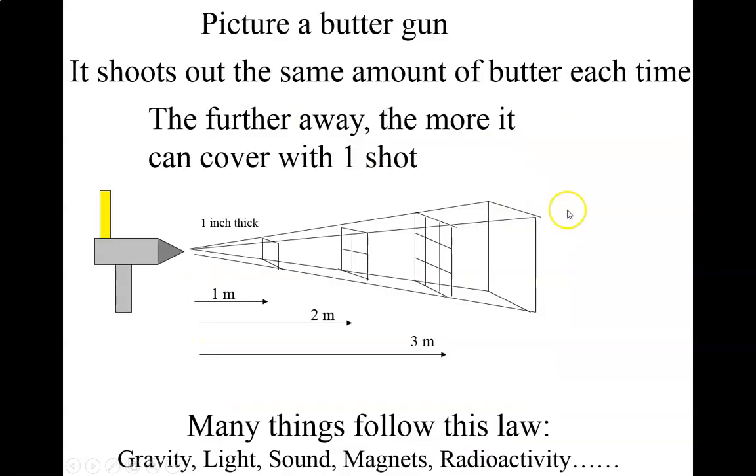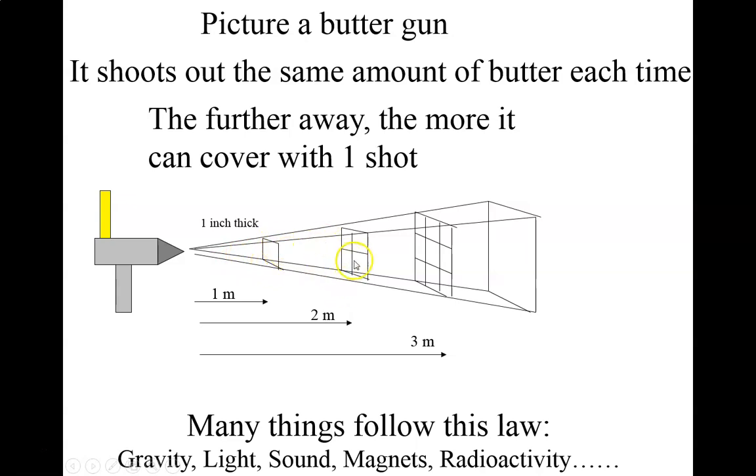The old version of the book had this butter gun idea, and this butter gun obeys the inverse square law. When it sprays out its butter, if you put a piece of toast 1 meter away, you get 1 inch thick of butter. Oh, that's a lot of butter.